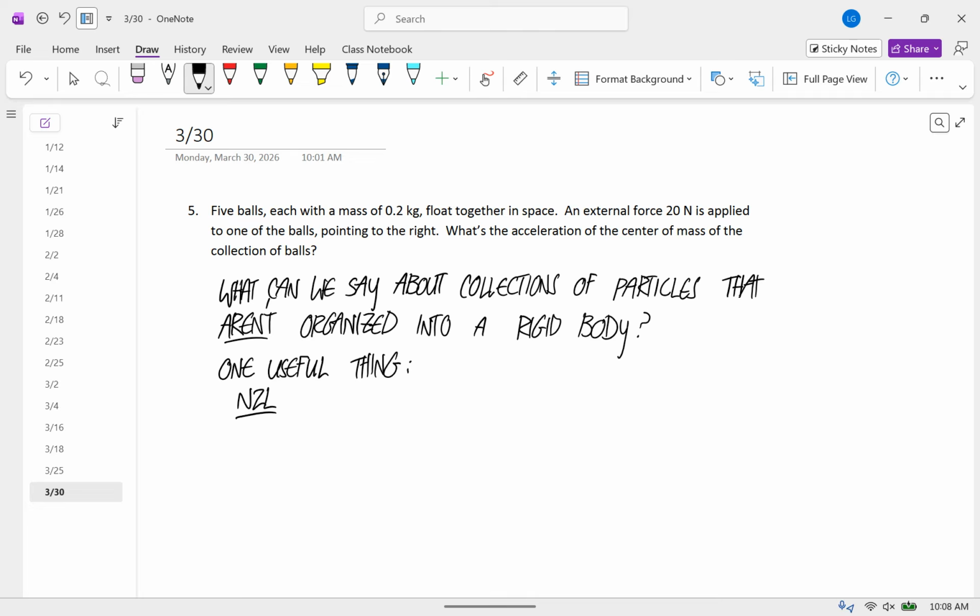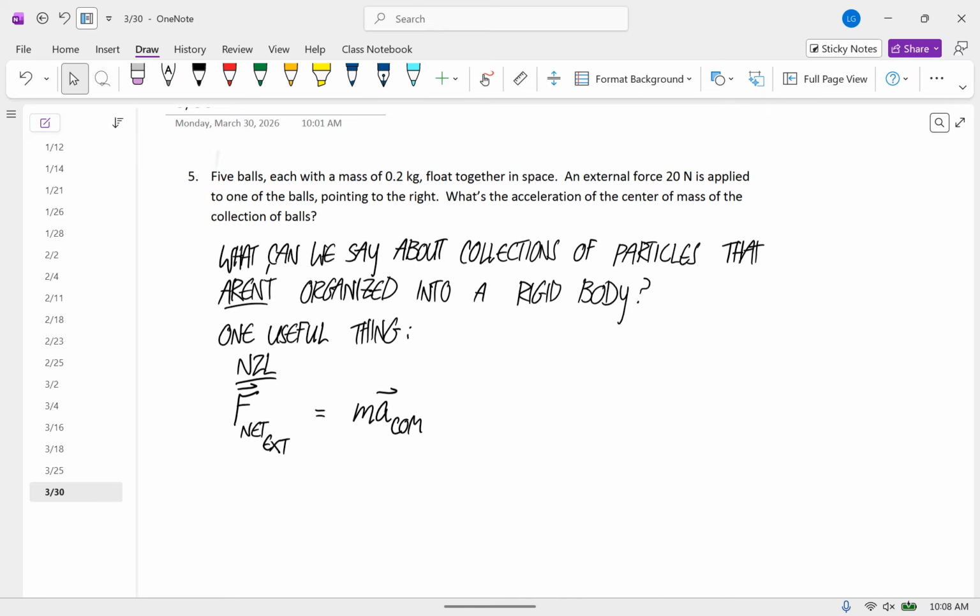Newton's second law says that if you add up all the force vectors applied to the objects by outside things, so I'm going to call that net external forces, that's equal to the mass of the whole system times the acceleration of the system's center of mass.